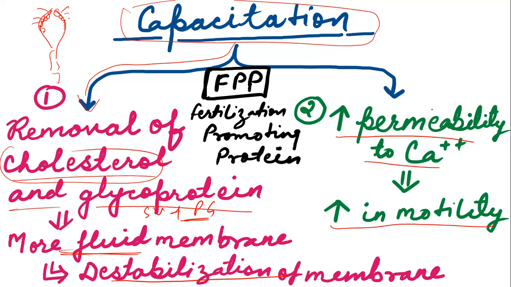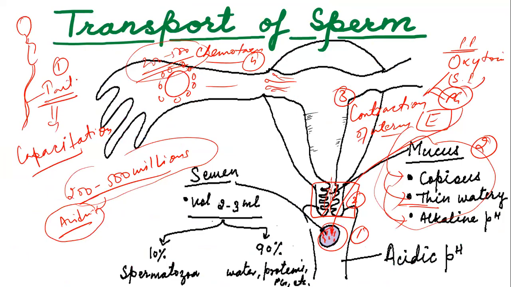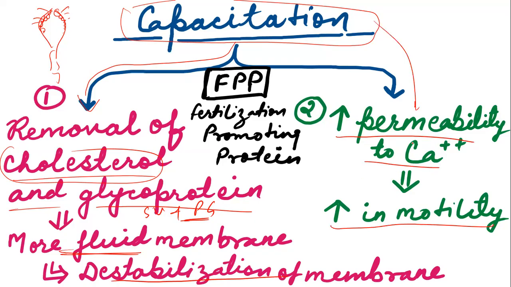So the motility of the sperm is increased after the process of capacitation, as we discussed in the previous slide, and the tail movement is increased due to the increased calcium influx.